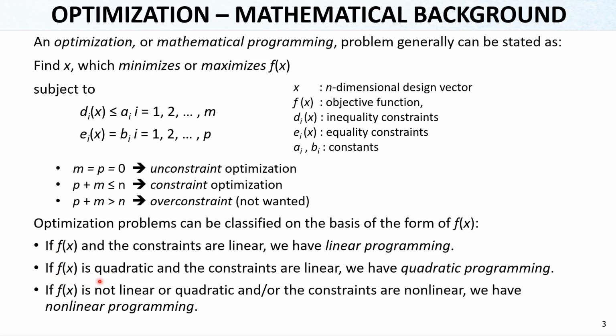If f(x) is quadratic and the constraints are linear, then we will have quadratic programming. And if f(x) is not linear or quadratic, and or the constraints are also nonlinear, we have nonlinear programming. So linear, quadratic, and nonlinear programming, depending on the types of linearity or nonlinearity of f(x), the objective, and the constraints.